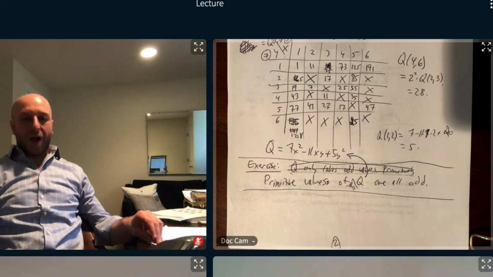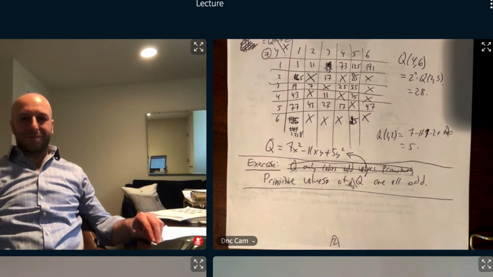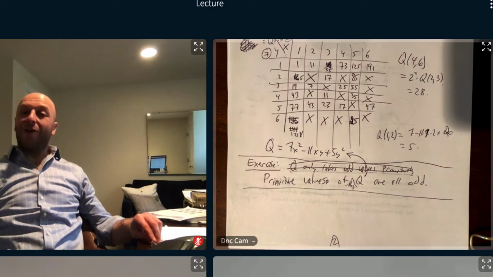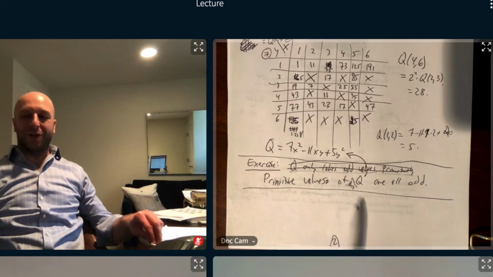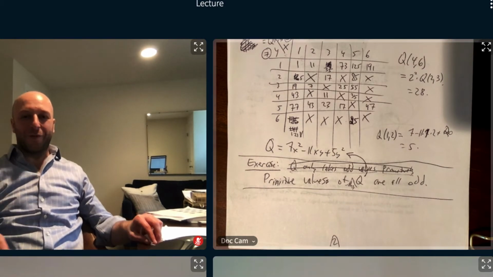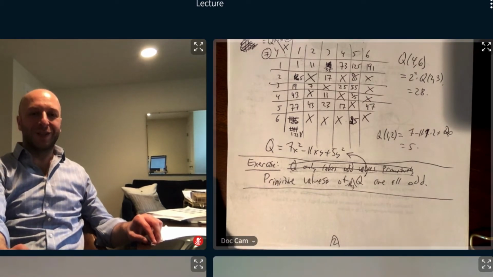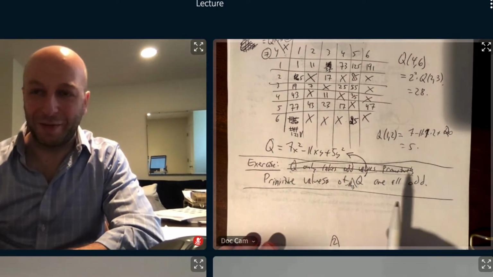X and Y are coprime, right? So they can't both be even. That's what I mean by primitive values. The coefficients are all odd, yes. And this will be true whenever the coefficients are all odd. Why does that force the way odds and evens multiply and add? Yes. You're all saying the same thing and the right thing.